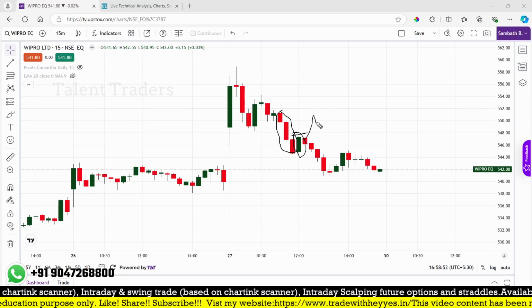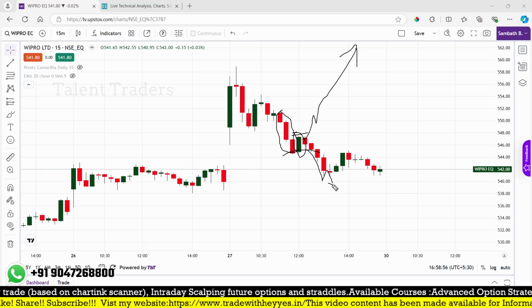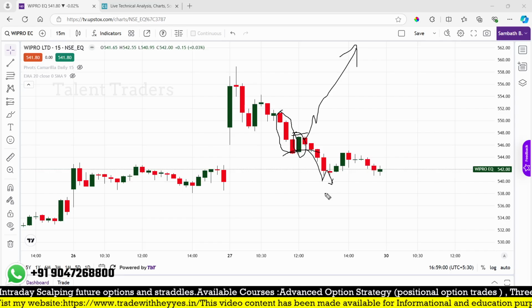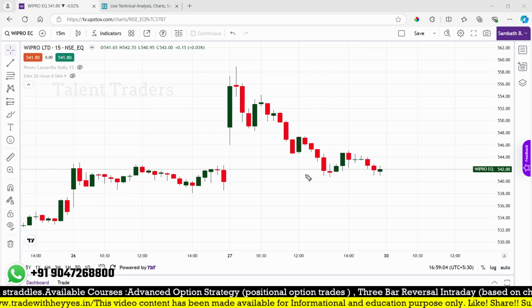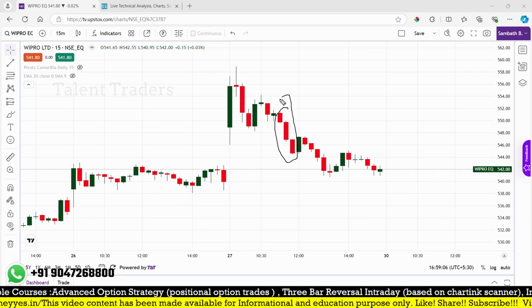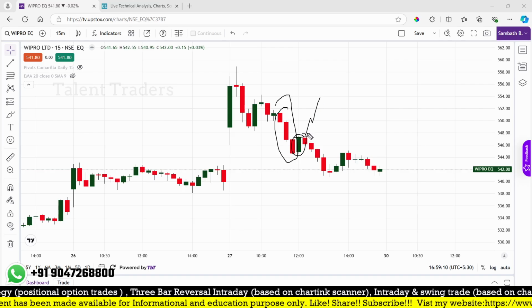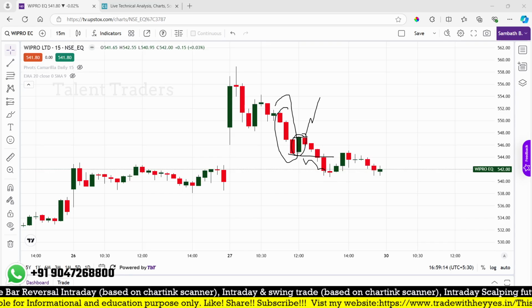Maybe we expect a trend reversal from that level, but in this case the trend continues. So both a trend reversal or a trend continuation are possible, because there is huge selling pressure on these three candles, and the buying candle may lead to continuation or reversal. In this case the reversal is happening.